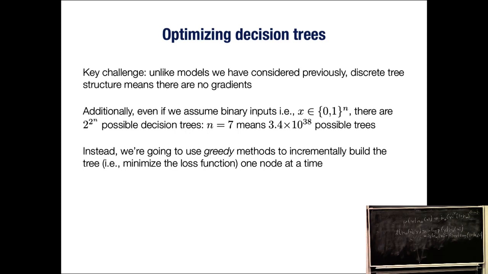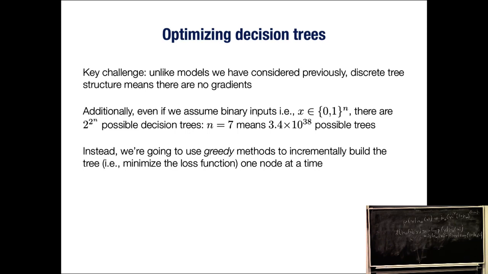The number of possible decision trees ends up being 2 to the 2 to the n. So for 7 features, that means 10 to the 38 possible trees. There's no way to search over all these possible trees. You cannot do exhaustive search. It's even harder than exponential search, it's double exponential. So it just does not work to enumerate all these trees and evaluate which one's the best.